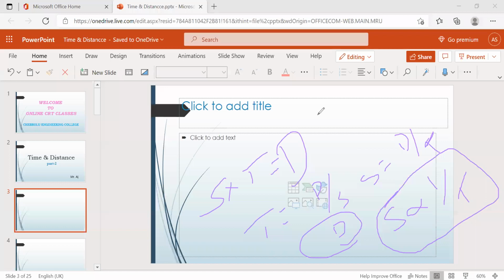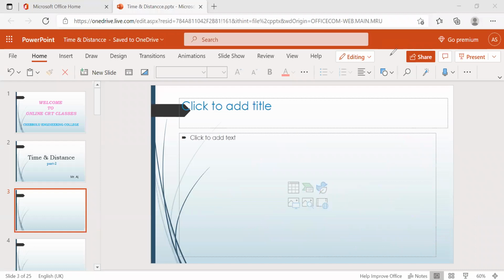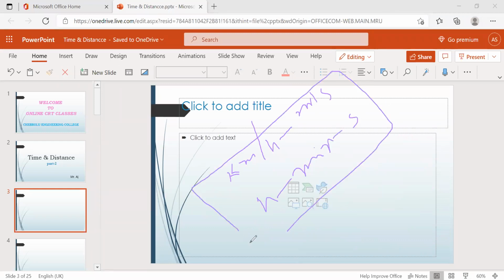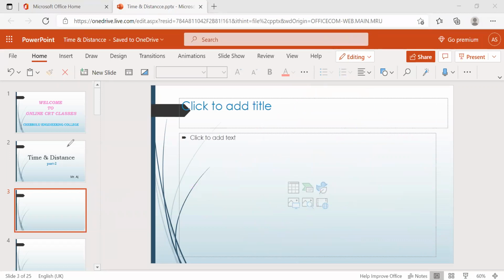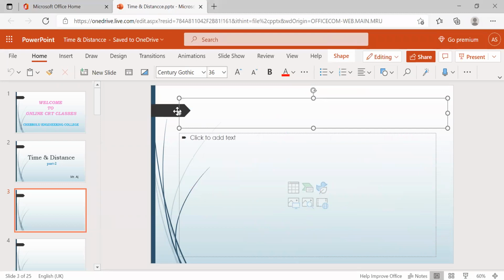And we saw yesterday the conversions also: kilometers to meters, kilometer per hour to meter per second, and hours to minutes and seconds. Now today we'll see the simple basic problems, then we will go for the medium level and hard level.